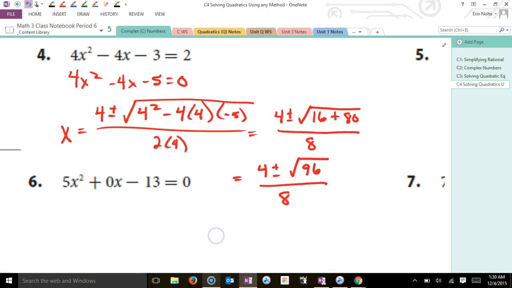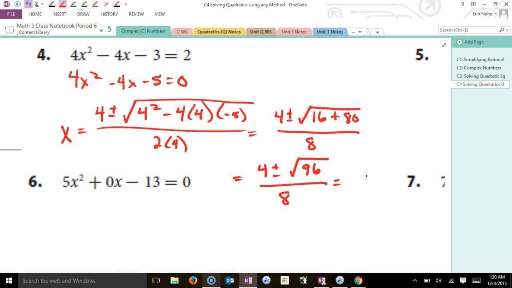Okay, so now we got to break 96. First of all, is 96 a perfect square? No. Okay, so what perfect square number goes into 96? 16 times what? 16 times 6.